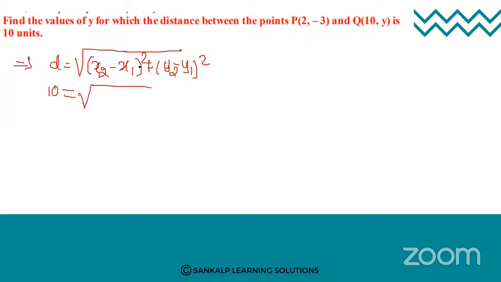Here P is (2, -3), which is x1 y1, and Q is (10, y), which is x2 y2.